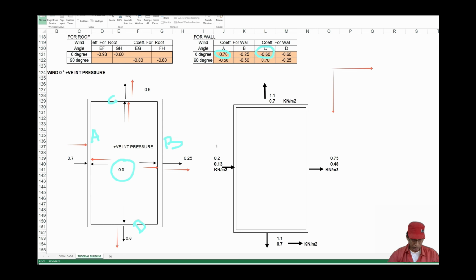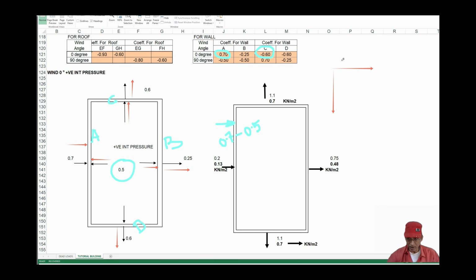So in wall A, we have 0.7 in this direction, and minus 0.5 opposite to x direction.